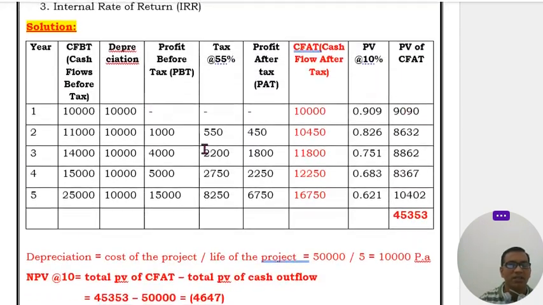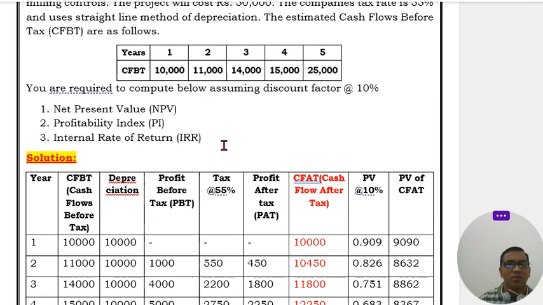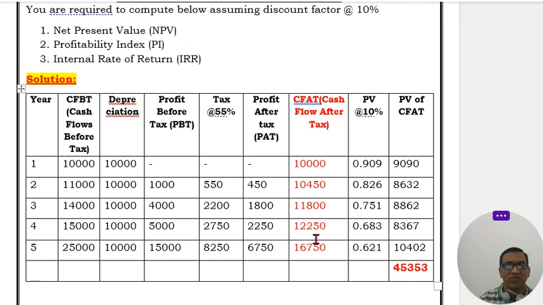I explained all the three methods with another example. But in this problem, CFAT is not given directly. CFBT is given. CFBT means cash flows before tax, that is, before depreciation and before tax. So first I subtract depreciation, then subtract tax, then add back depreciation, and then you will get CFAT.